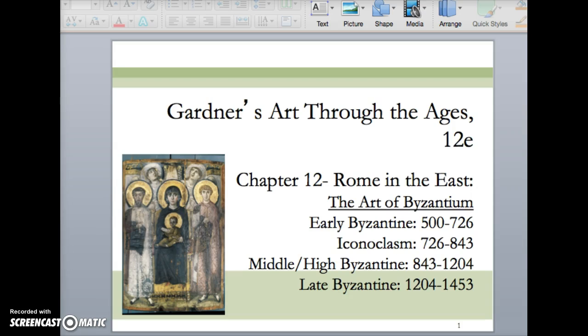Remember that we're in the East, Rome in the East, the Roman Empire in the eastern half, and they favored the centrally planned Christian church. So consider that as well, but think about how the church plan, design and decoration change from the early Byzantine to the middle Byzantine to the late Byzantine period. Think about those transitions that occur.